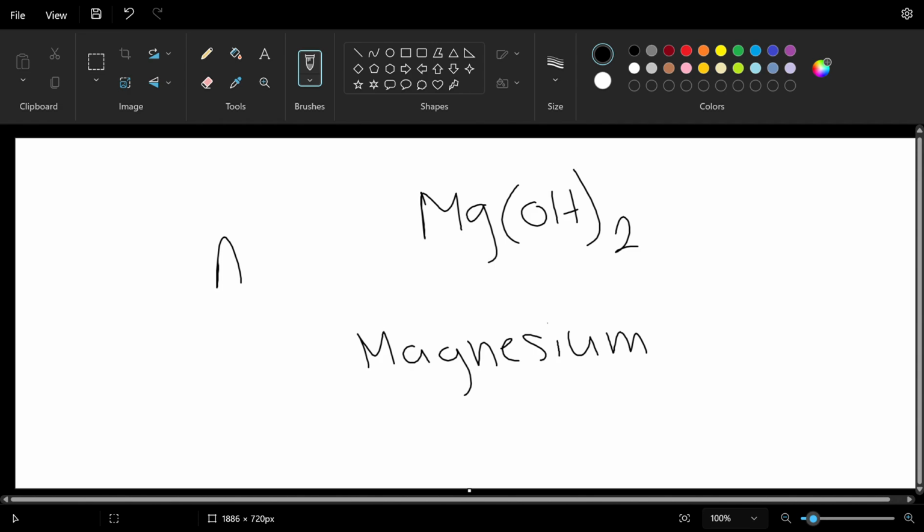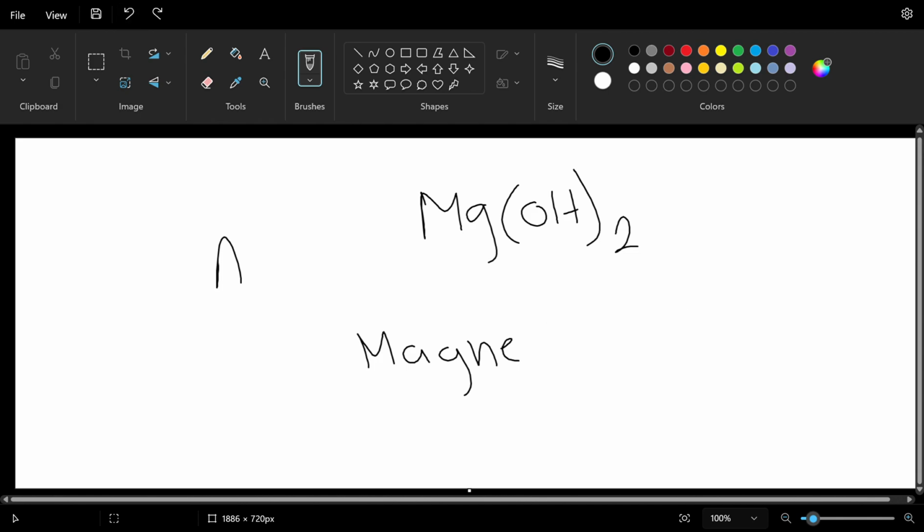And for the second one, you're going to have to look at your periodic table on the back, and you're going to see that OH, disregarding the subscript that it gives, you're just going to look at OH, and you will see that that is hydroxide. So this would be magnesium hydroxide. And that would be your answer.